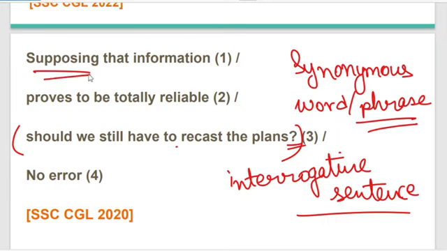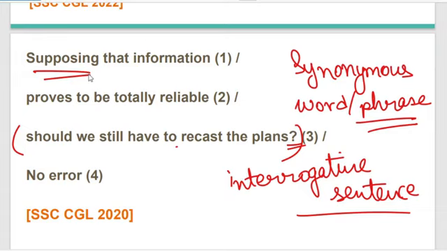When we use the word supposing, it's a hypothetical situation, that suppose this has happened to you. Think that you're a fairy. Think that you are teaching in such a great university. Think that you're such a great star. That means it's a hypothetical situation. Supposing that information. So we are making a hypothetical situation regarding an information.